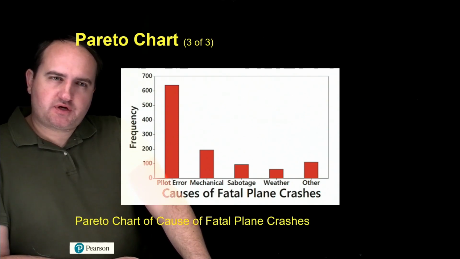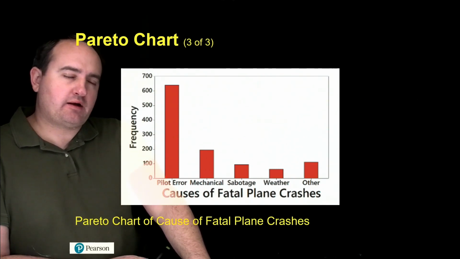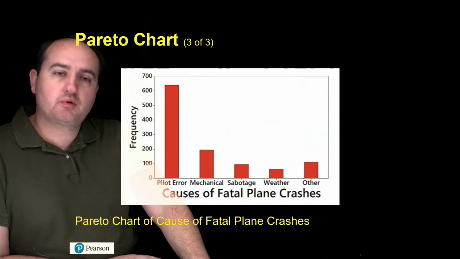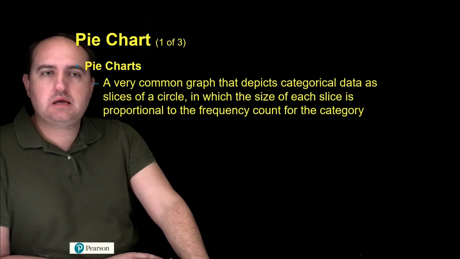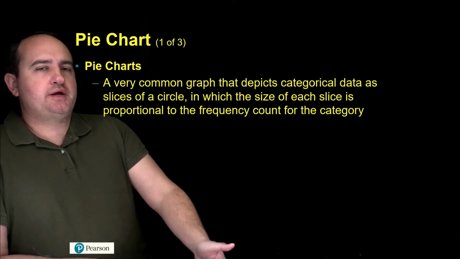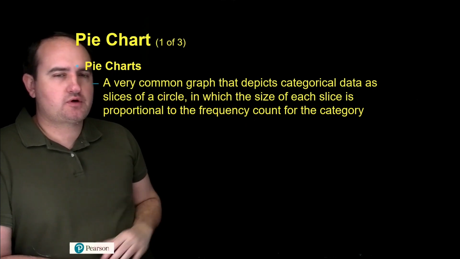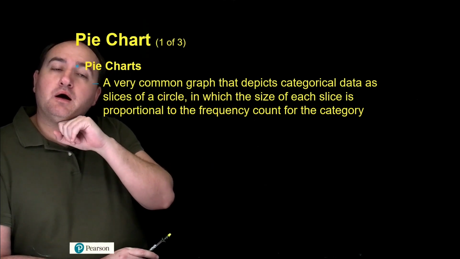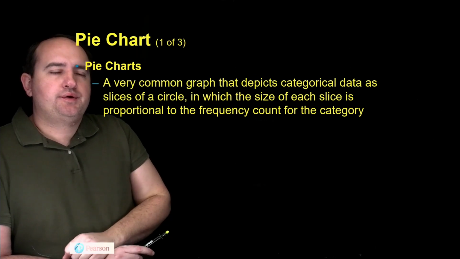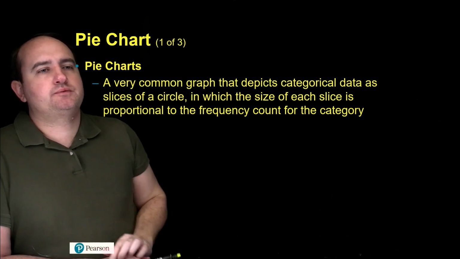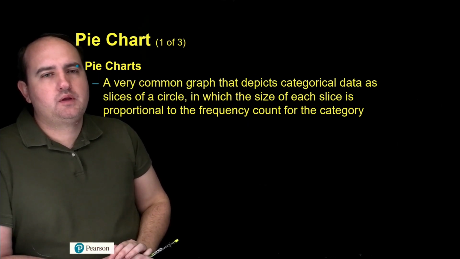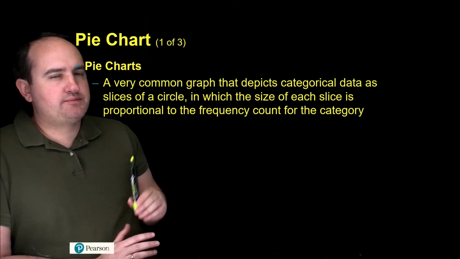All right, so that's Pareto charts. Very helpful type of bar graph that shows up on your homework, quiz, and exam. Now, a very common graph that's used all the time in the real world. Our book calls it a pie chart, and there are other names for it.